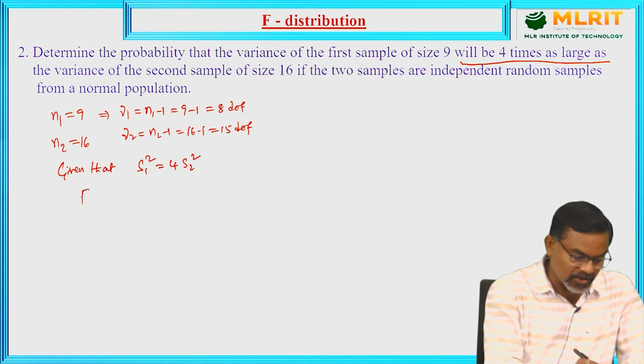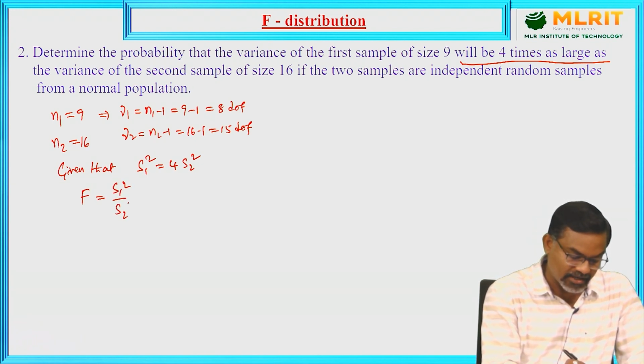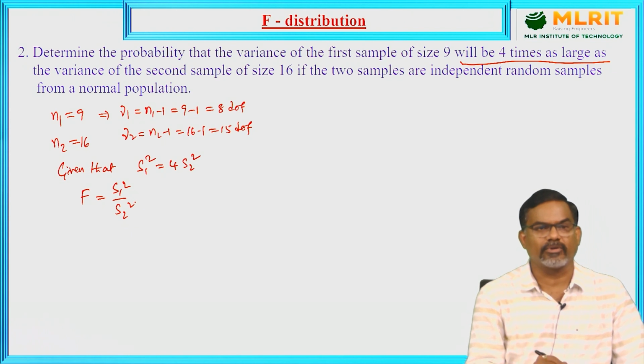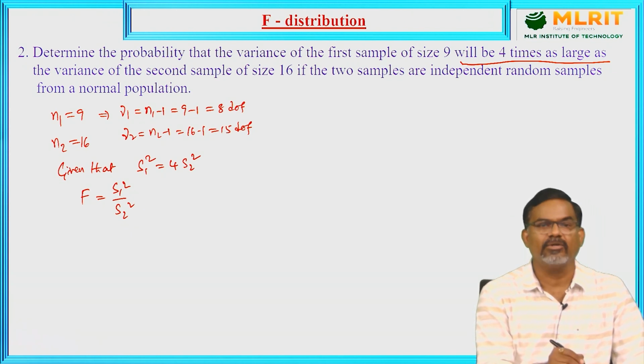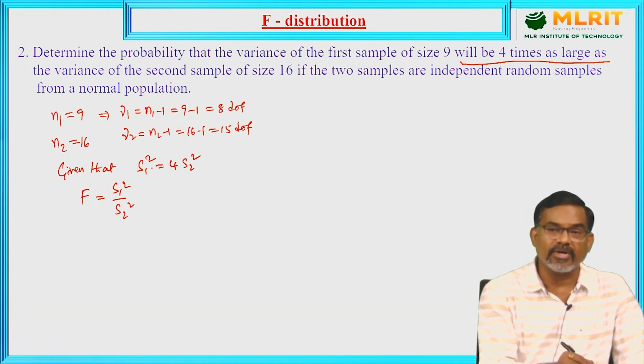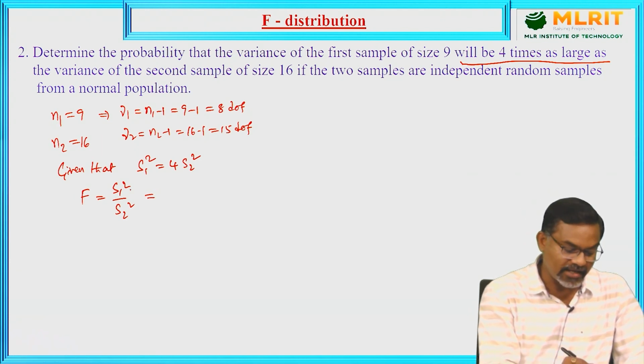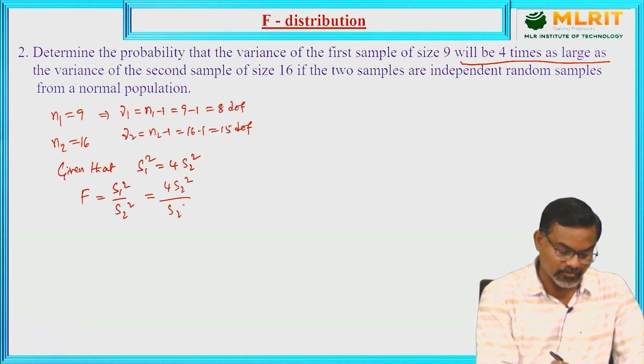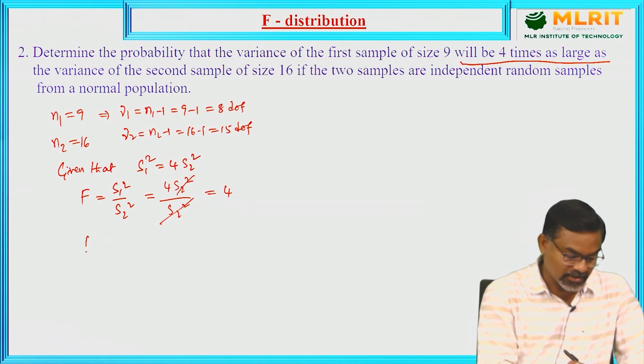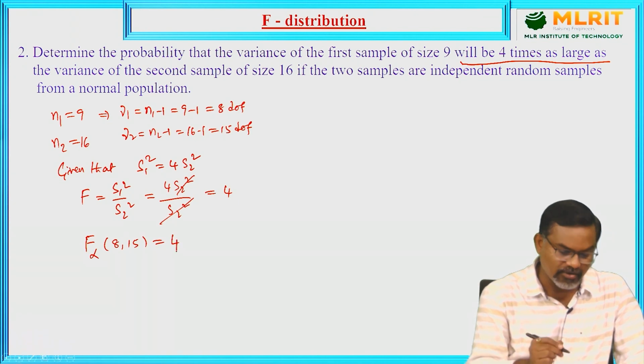And what is the formula to find F? S1 square by S2 square, and it is customary to consider the largest value in the numerator. Here S1 square is 4 times that of S2 square, that means S1 square is the largest value, and I can replace S1 square by 4 S2 square by S2 square. So these two get cancelled and the value of F is 4. So F alpha for 8 comma 15 degrees of freedom is 4.